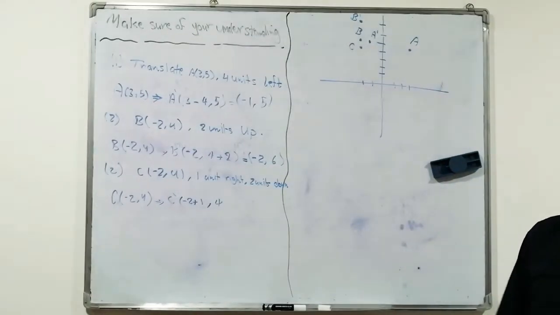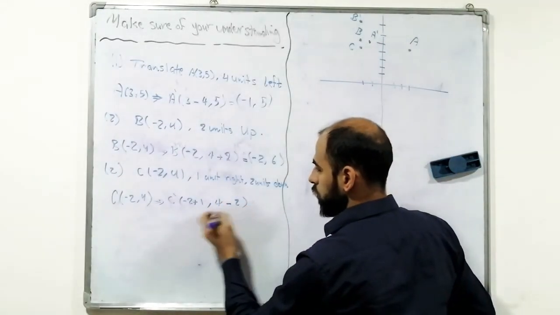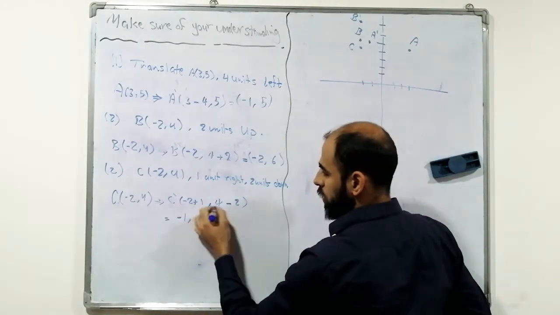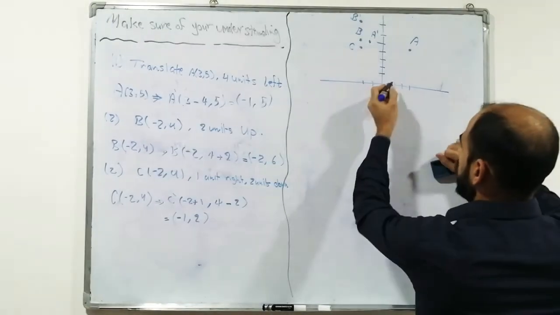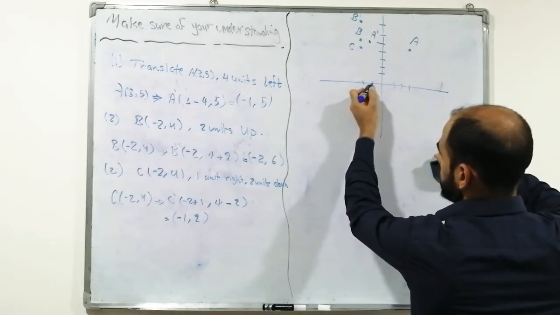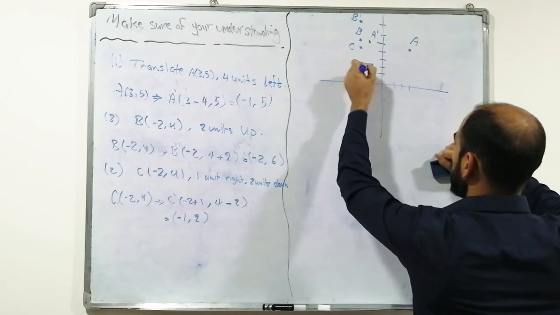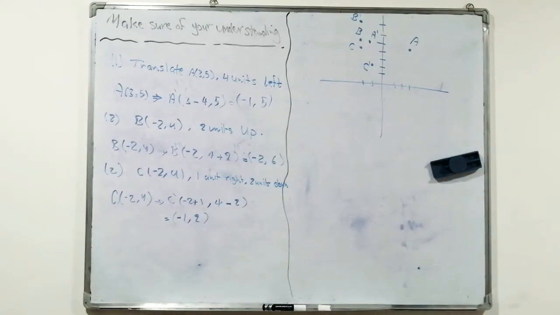To the down means we go to the negative side of the y-axis, so we are going to subtract 2. Then C dash will be minus 2 plus 1, which is minus 1, and 4 minus 2, which is 2. This is the point (minus 1, 2), which is the image of the point C, represented by C dash.